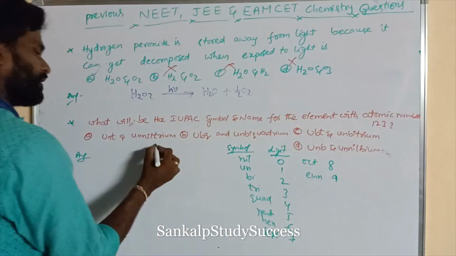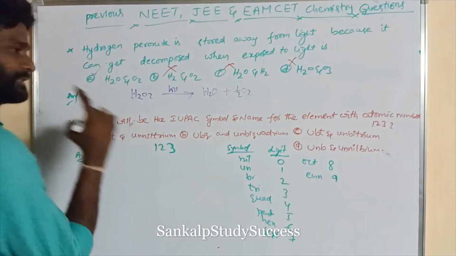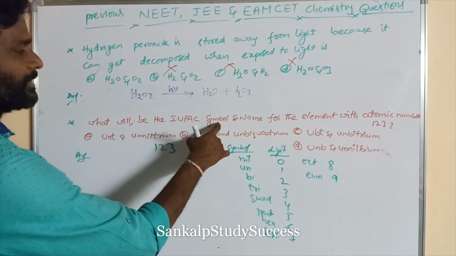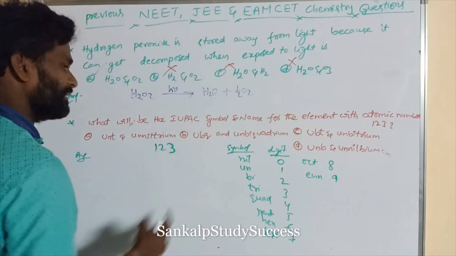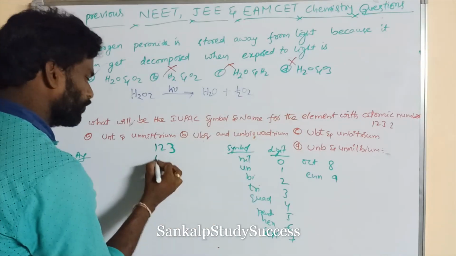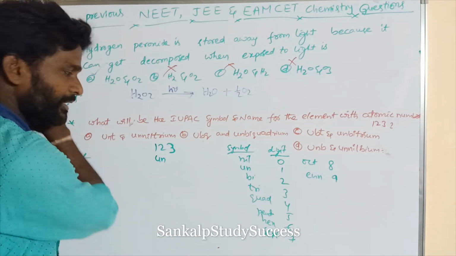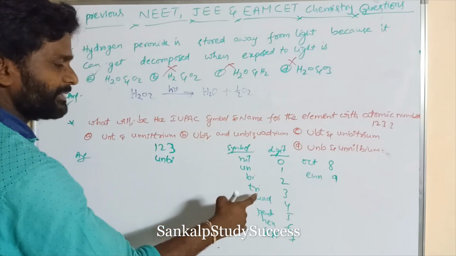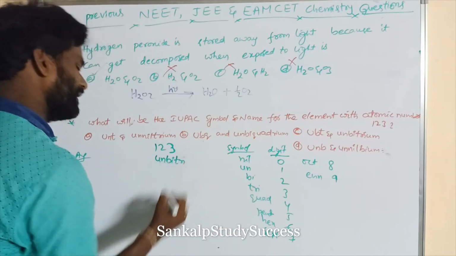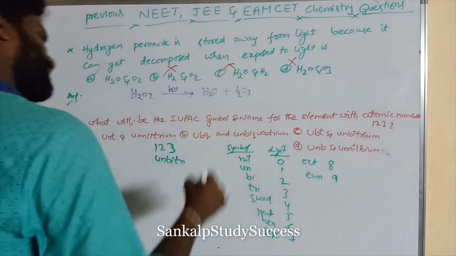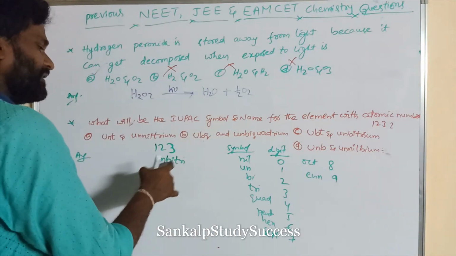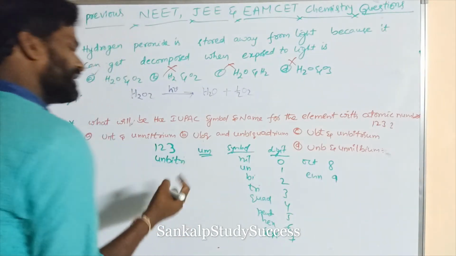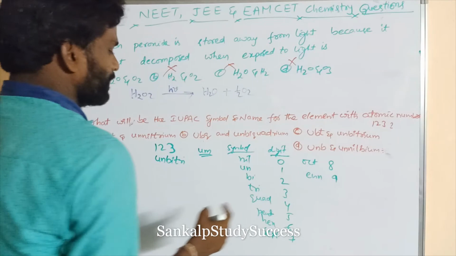So here what is given? 1, 2, 3, 123. What is the IUPAC symbol and name of the 123 element? So 1 means un, 2 means bi, 3 means tri. At the end of the name of every element, we add ium.